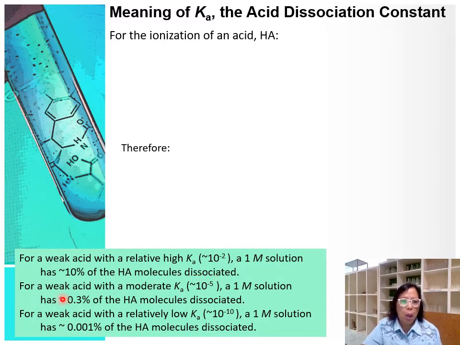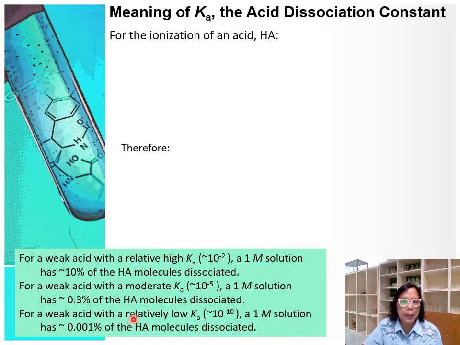Now, for a weak acid with moderate Ka, that is already 10 to the negative 5, a 1 molar solution has only 3% of the HA molecules dissociated.